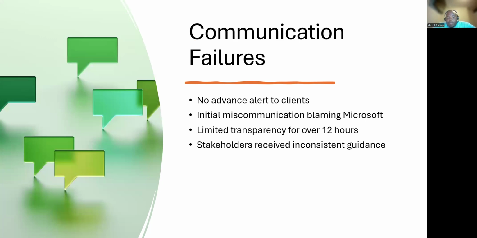All right, so communication failures. CrowdStrike's communication strategy failed at several key points. Initially, many people believed that Microsoft was to blame for this. The absence of pre-warning and mixed messages made things worse in terms of this outage.